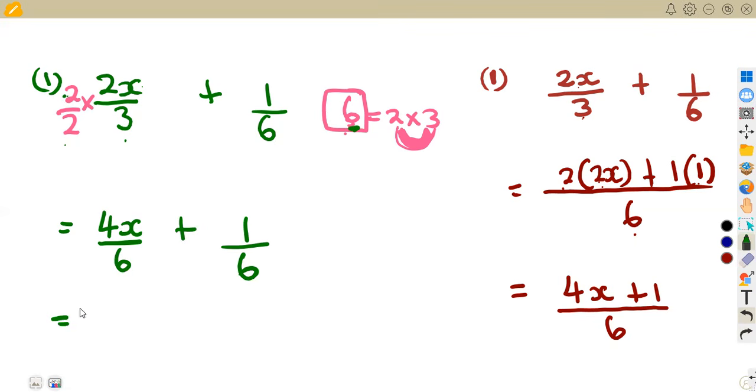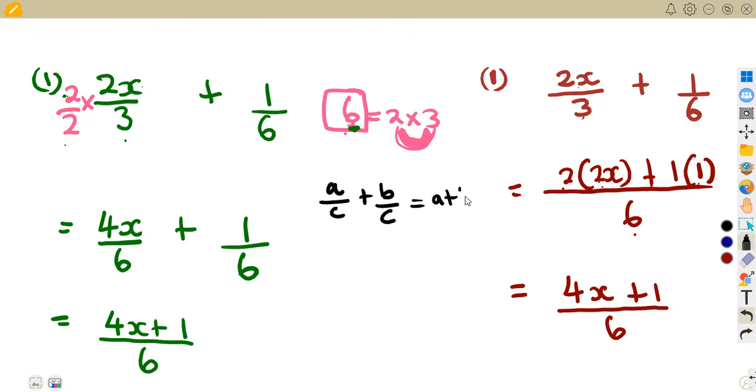Now that we have got the same denominator throughout, it means we can now add our numerators together. Everything over that denominator, which is 6. So it's going to be 4 plus 1, everything over 6. We are now taking it from our concept that if I have A over C plus B over C, it was taken from A plus B, everything over C, because these are the same.